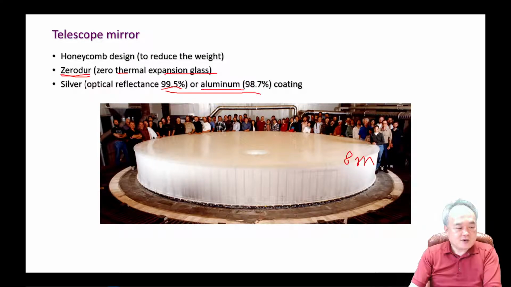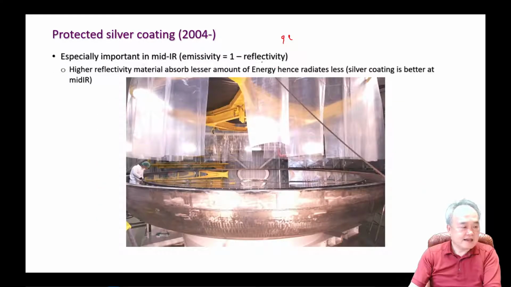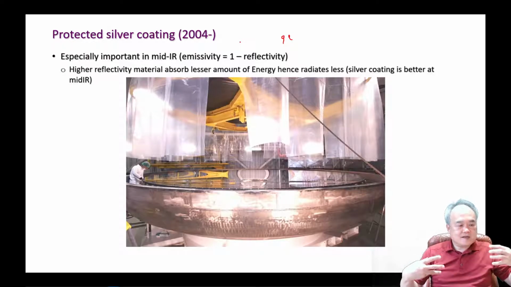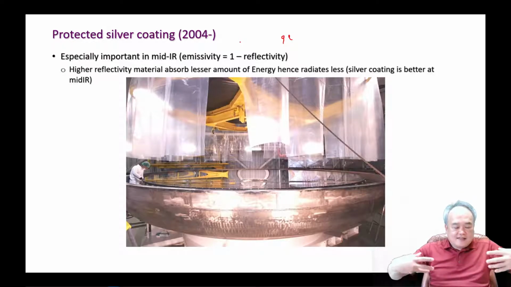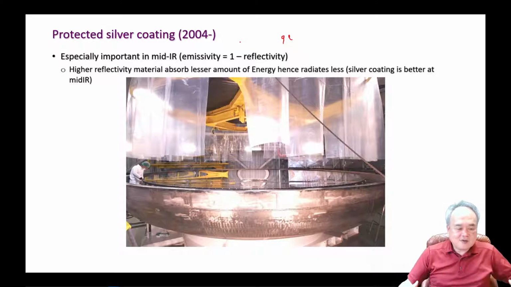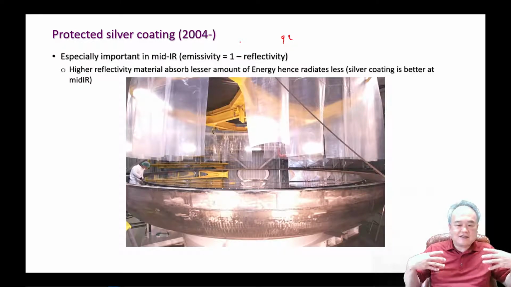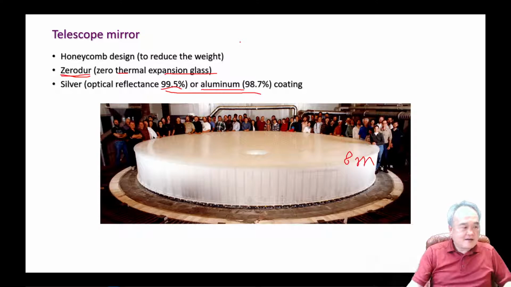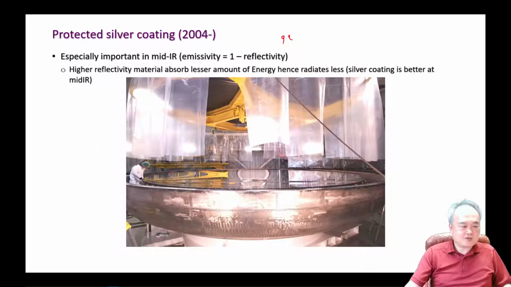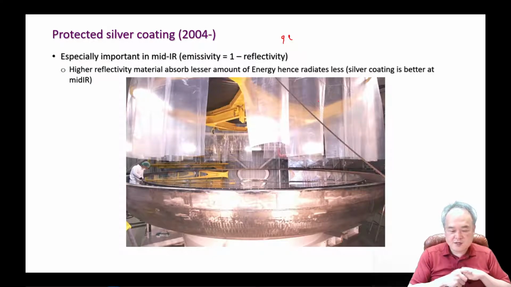If it is coated with aluminum, then the reflectivity is 0.987, so 0.013 is the emissivity, meaning that the aluminum coated mirror emits roughly 3 times more than the silver coated primary mirror.